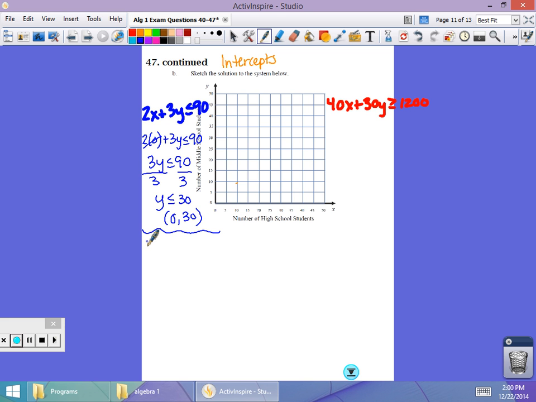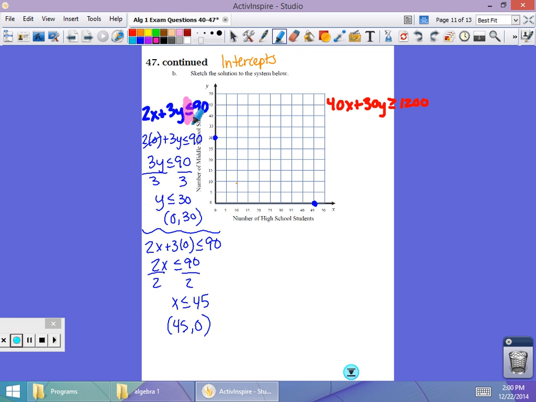Find the second intercept. Three times 0 is 0. Divide by 2, and x will be 45, so that's my second point. We can plot those 2 points, 0, 30 and 45, 0.